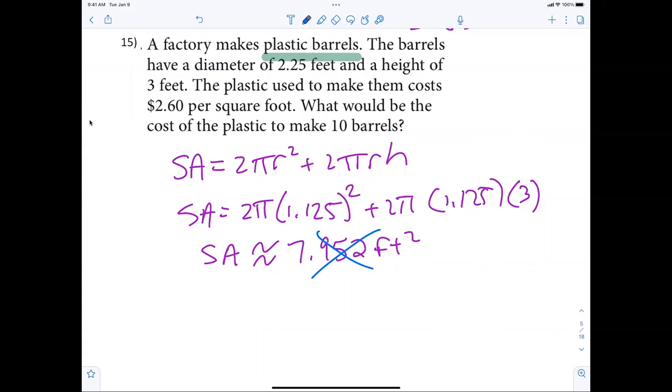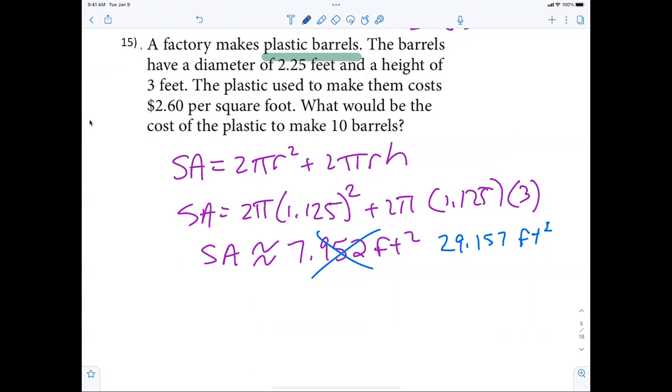So we double checked and we verified, and the surface area of 1 barrel is how much? 29.578, somebody said. It's 29.157. Yeah. All right.